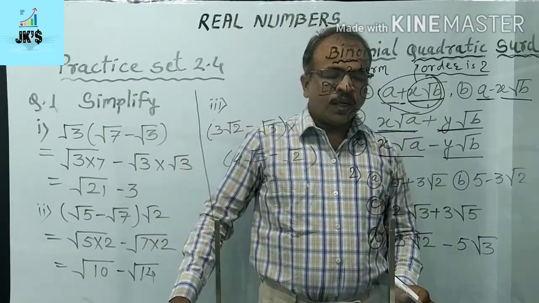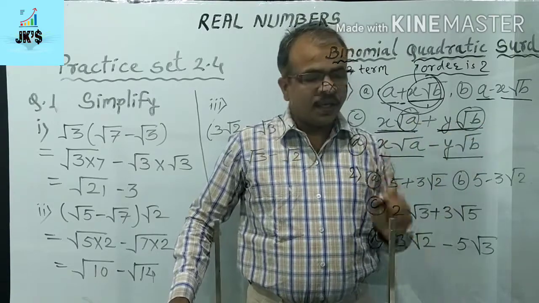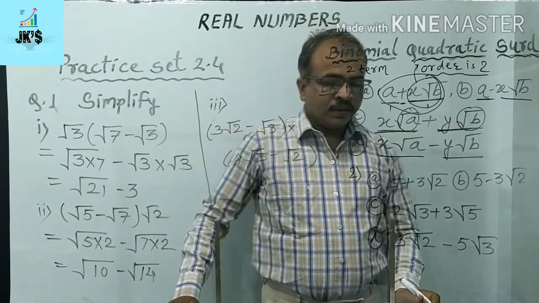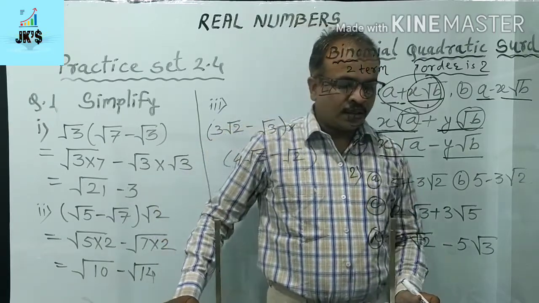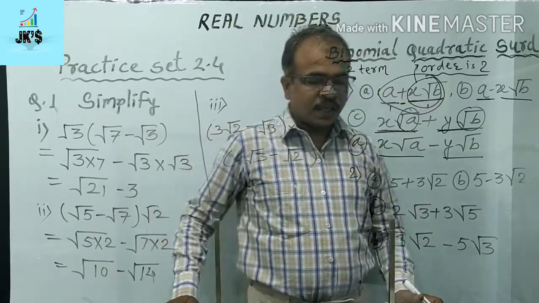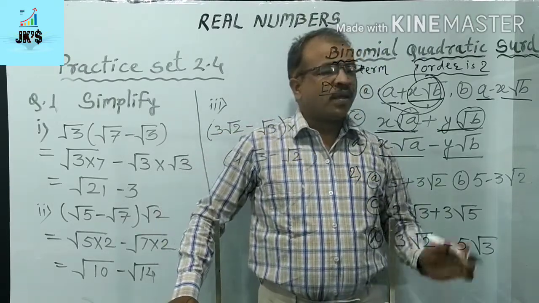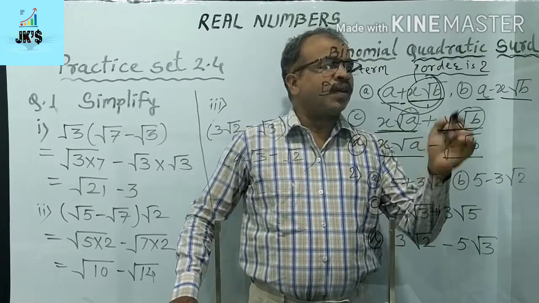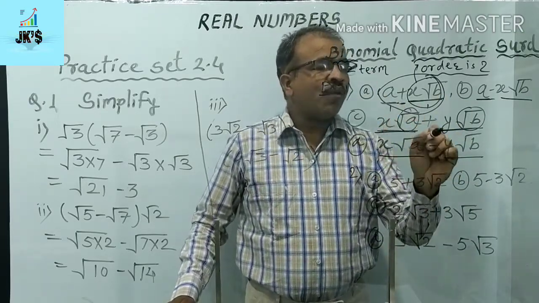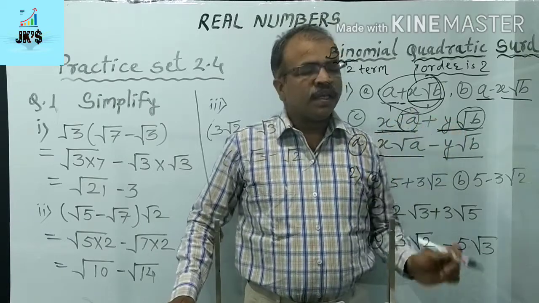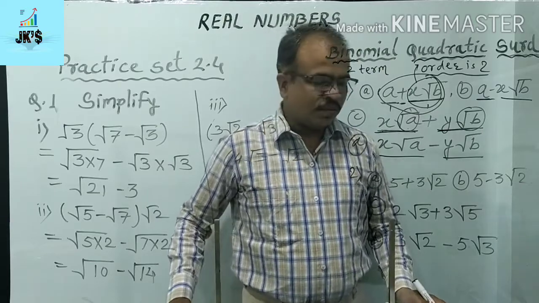In these, root A, root B are the quadratic surds, and A, B, X and Y are non-zero rational numbers. The alphabets or variables which are used here, X, Y, A, B, may be any non-zero rational numbers.